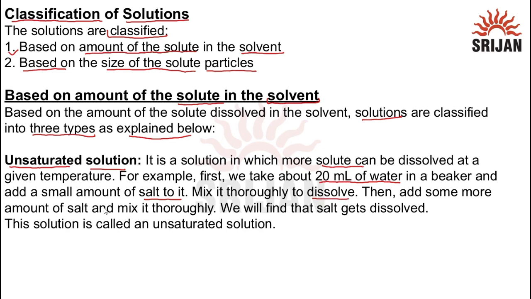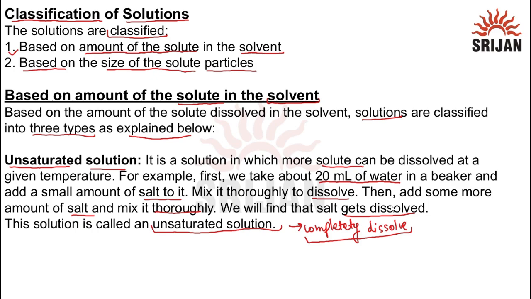Then add some more amount of salt and mix it thoroughly. We will find that salt gets dissolved. This solution is called an unsaturated solution, in which the solute completely dissolves. We can say that the solute completely dissolves in this type of solution at a given temperature.